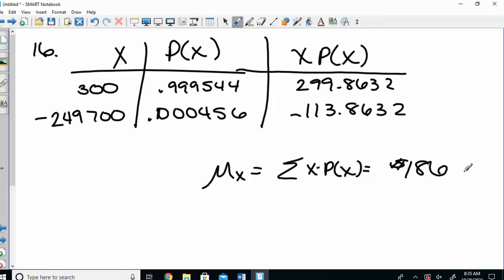It should probably turn out to be a positive number, right? If it's turning out to be negative, then the company isn't charging enough for their policies. They don't want to lose money when this is all said and done.